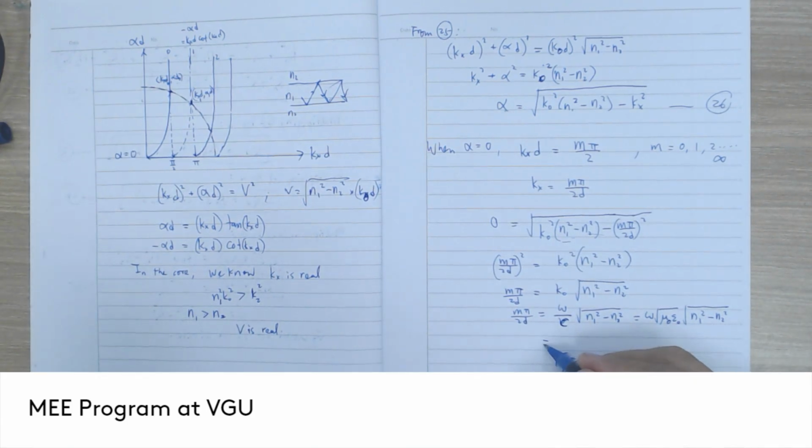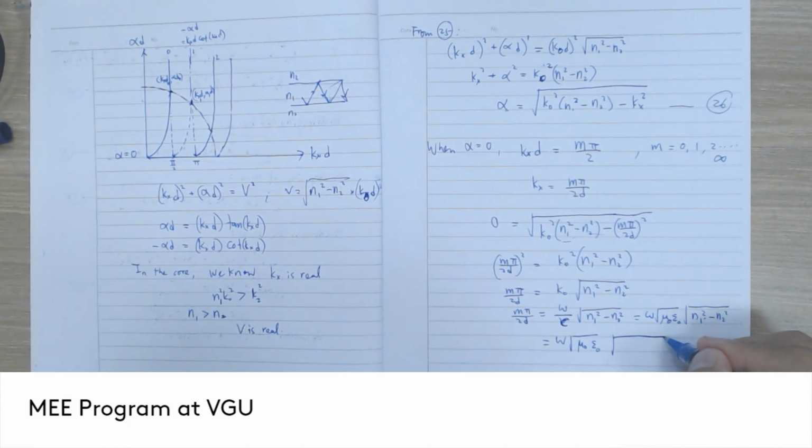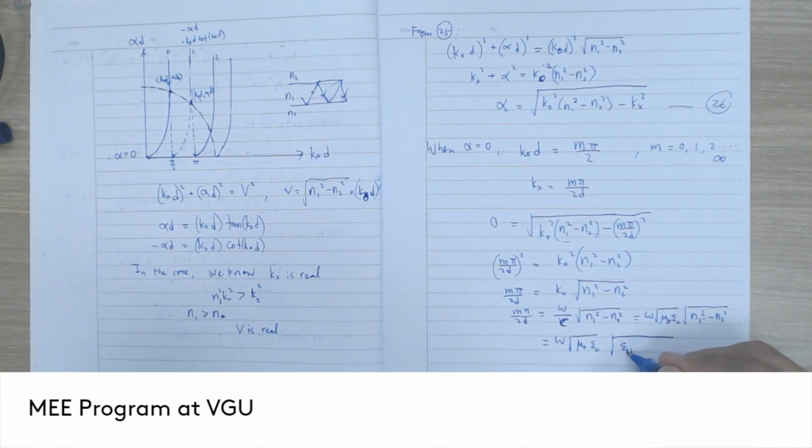And by the way, n1 square is relative epsilon one.